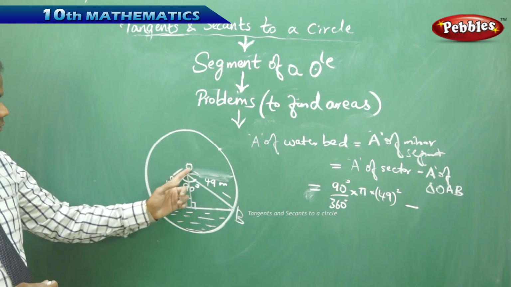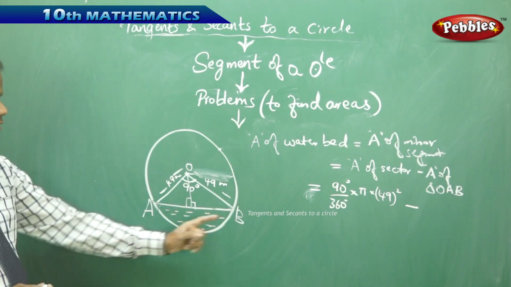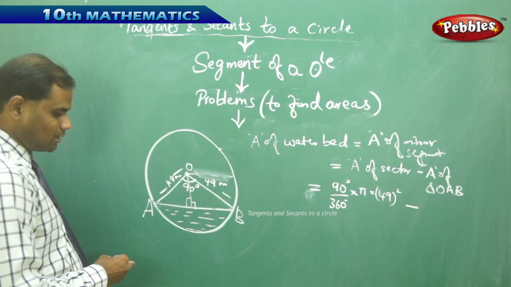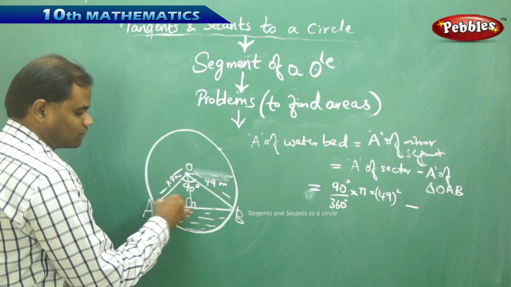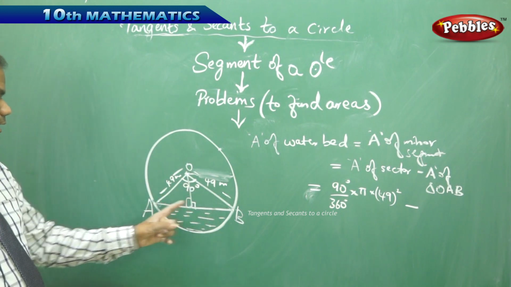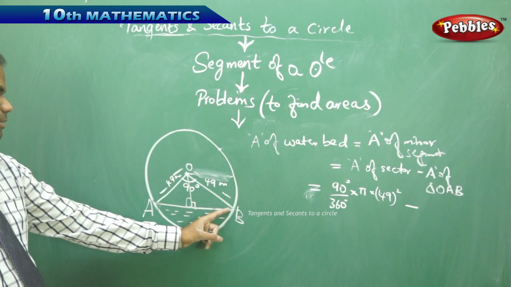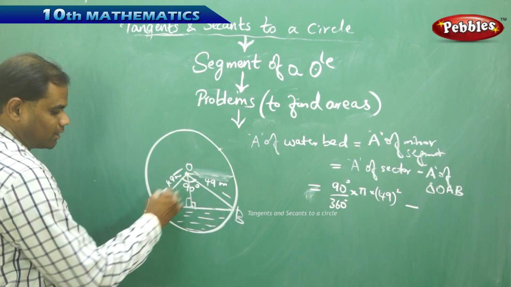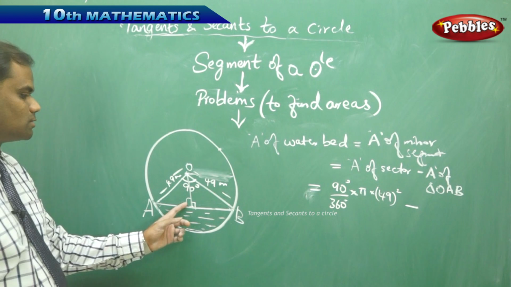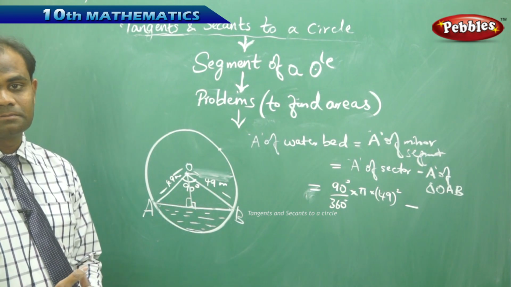Therefore, area of triangle OAB will be half into base into height, but I don't have the dimensions here, so let's see how we can find area of triangle OAB using the given dimensions.